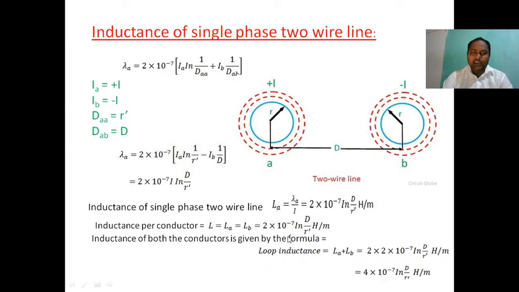Normally in numericals they ask only for the inductance, so this is 2 into 10 power minus 7 log D by R dash. Sometimes they ask to find the loop inductance of a single phase two wire line. Whenever they ask for the loop inductance, we use the formula 4 into 10 power minus 7 log D by R dash Henry per meter.